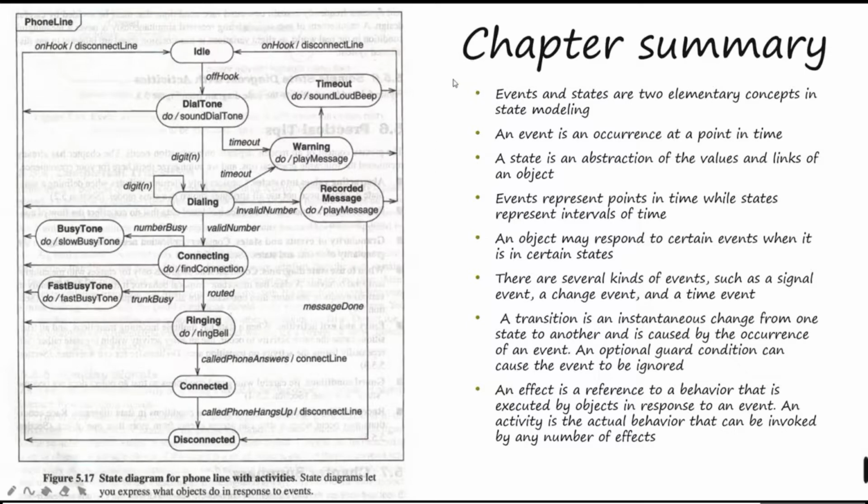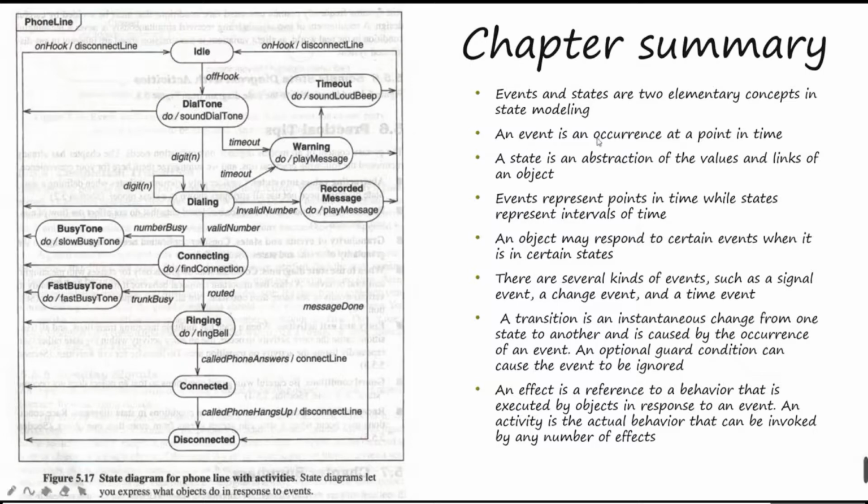And this is a summary for this chapter. We have studied the state diagram in this chapter. Events and states are two elementary concepts in state modeling.